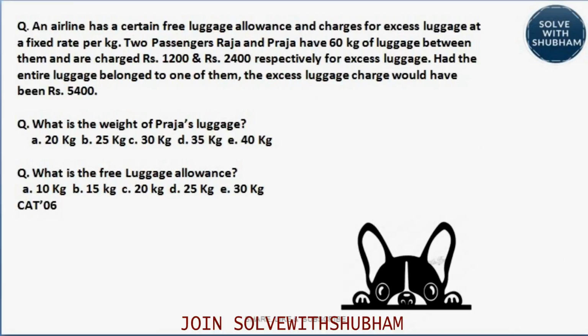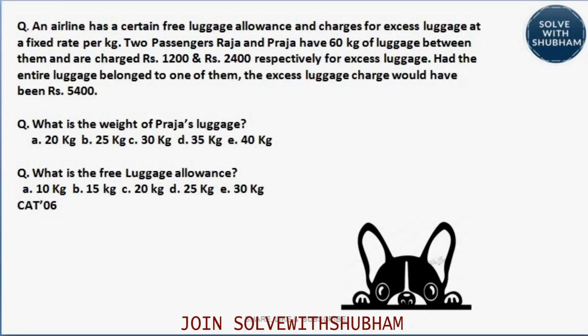Moving ahead. An airline has a certain free luggage allowance and charges for excess luggage at a fixed rate per kg. Two passengers, Raja and Praja, have 60 kg of luggage between them and are charged 1200 and 2400 respectively for excess luggage.